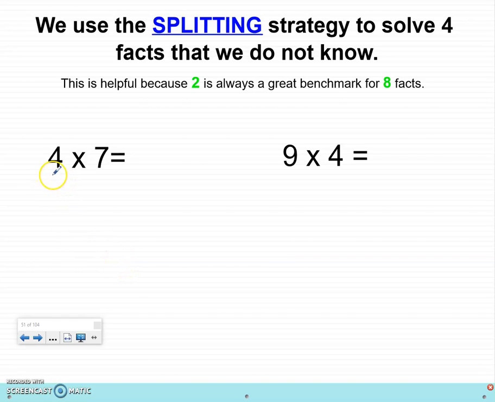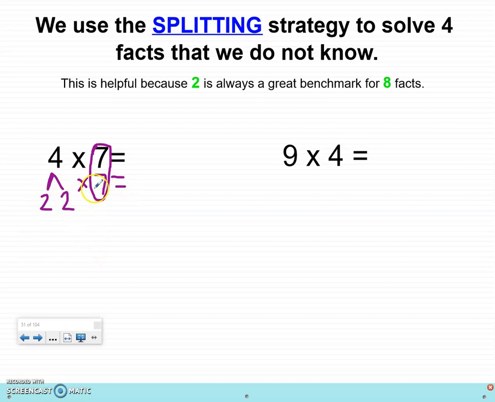So if a student didn't know 4 times 7, they could go ahead and split or decompose their 4 into 2 2's. And then, of course, the 7 is going to be the common factor. We're not going to split the 7. So that becomes our common factor. And then this is going to create for us 2 benchmark facts.